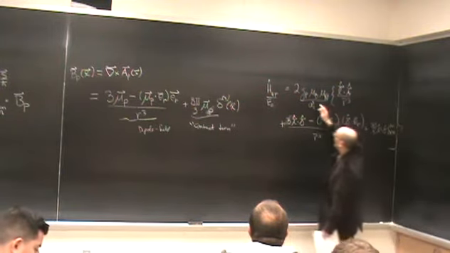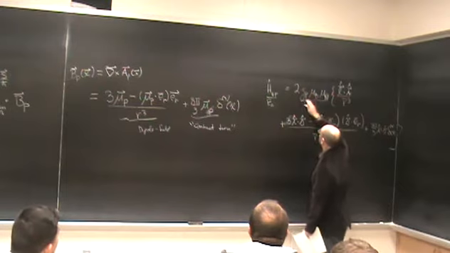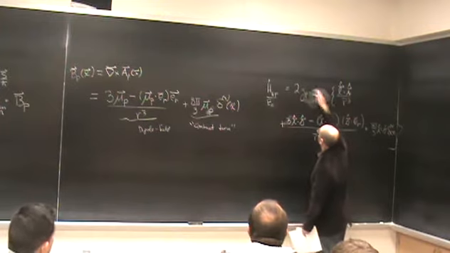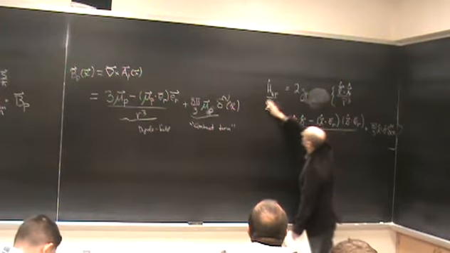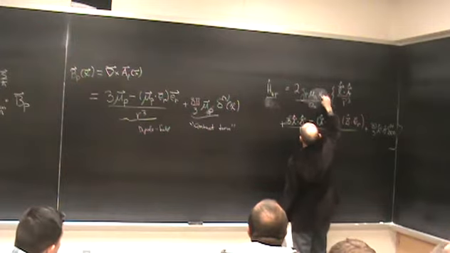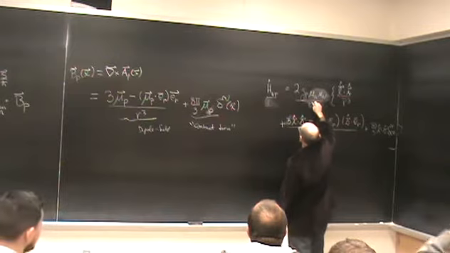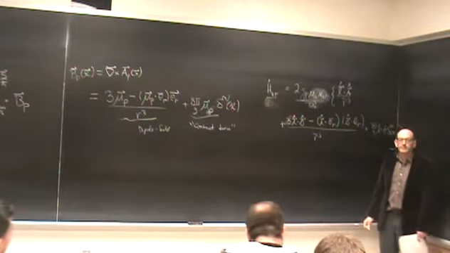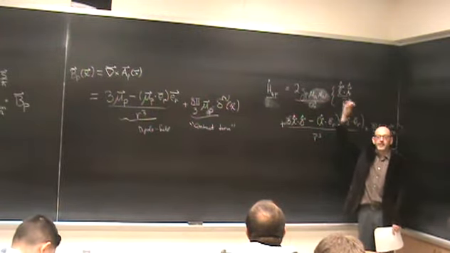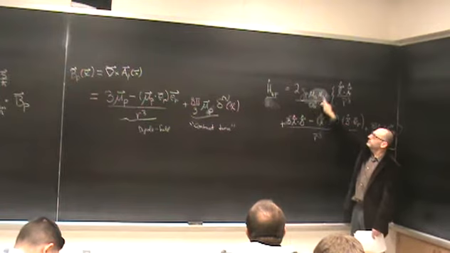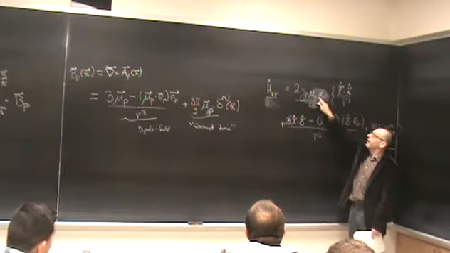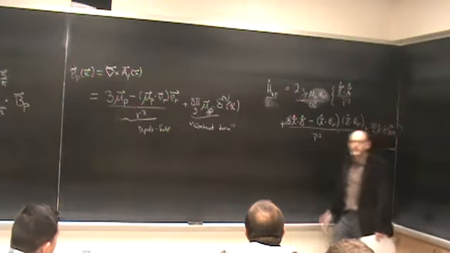And when I do all that, all this goes away. Let me not do that yet because I don't want to confuse too much. I'll come back to that in a moment. Let's leave this for now. But this is going to be of order alpha to the 4th times the ratio of the electron mass to the nuclear mass.